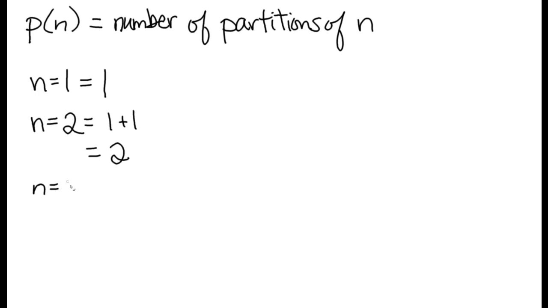When n is 3, you can break that up into 1 plus 1 plus 1. You can break that into 2 plus 1. And you could call that just 3.